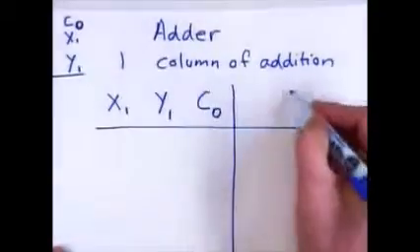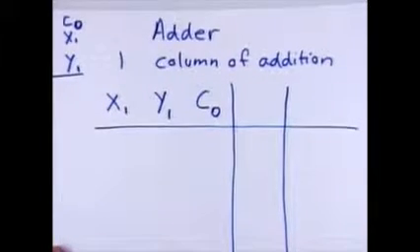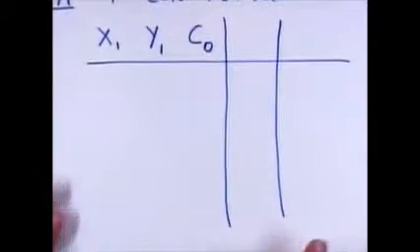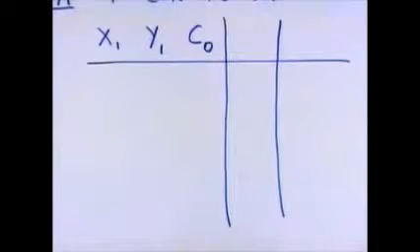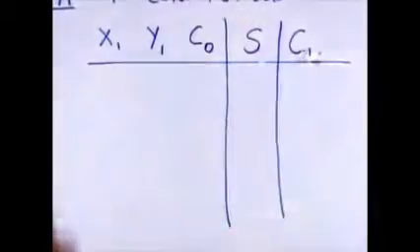And then I'm going to have 2 outputs. What are the outputs? The outputs should be the digit at the bottom of the column and the carry for the next column. So I'm going to call that the sum bit and the next carry, which I'm going to call C1 because it came from column 1.